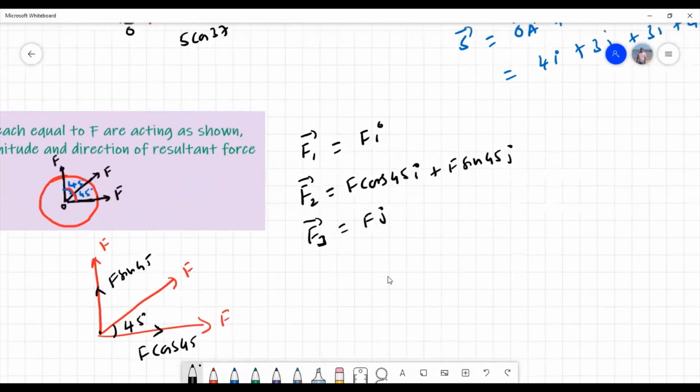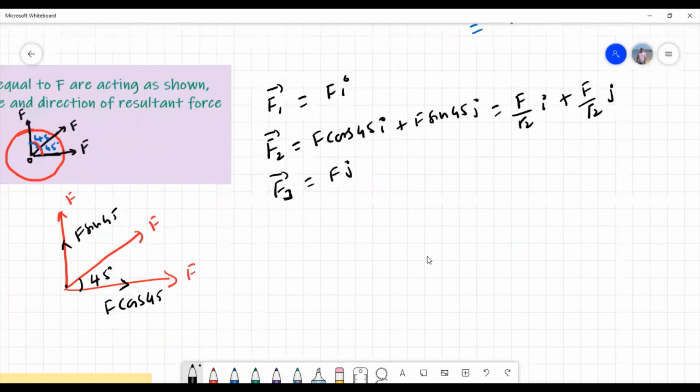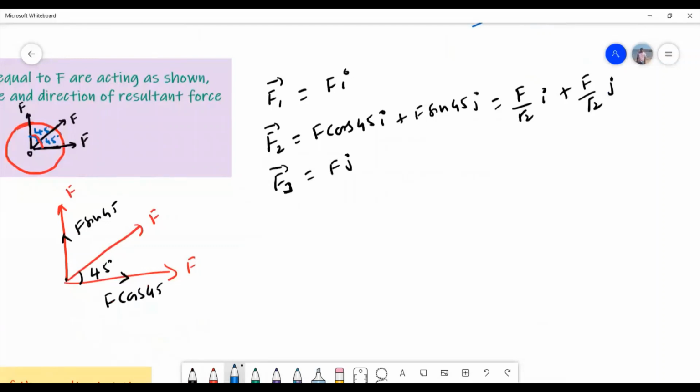So if I simplify the second vector, cos 45 is 1 by root 2, sin 45 is 1 by root 2. So this is F by root 2 i cap plus F by root 2 j cap. Now overall, let us write down the net force. This net force is F1 bar plus F2 bar plus F3 bar. So F1 bar is F i cap.